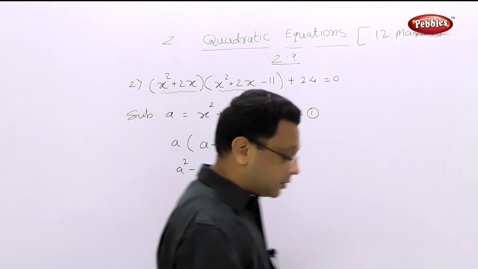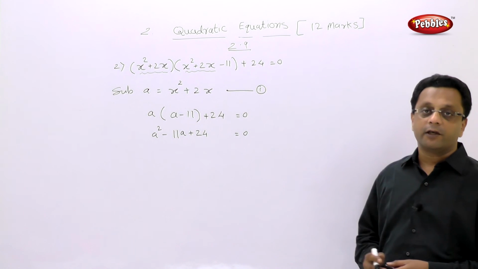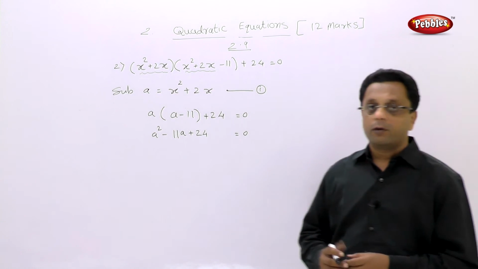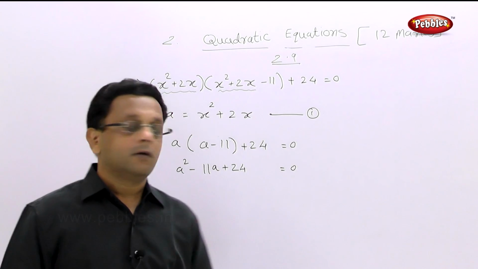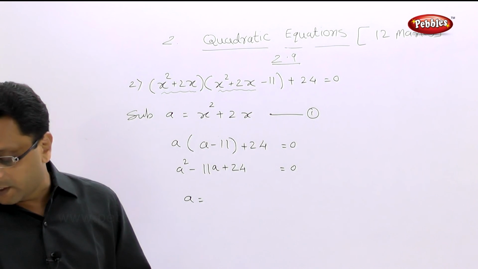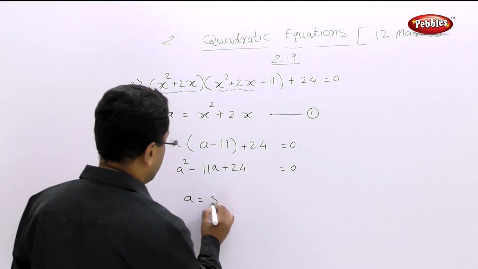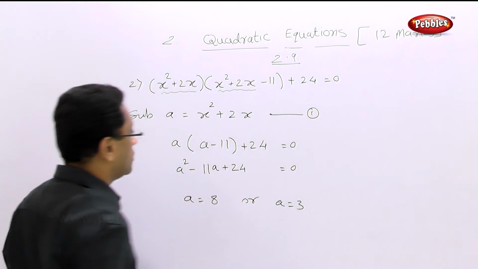Now you can solve this by any method of the quadratic equation. So pause your video and solve this and find the value of a. So here a is equal to 8 or 3. a is equal to 8 or a is equal to 3.